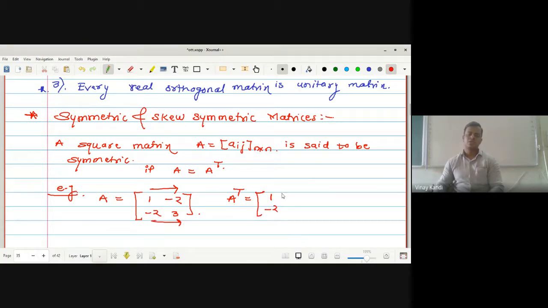Second row the second column: -2, 3. Both are equal, A and A transpose. This implies A is a symmetric matrix. Okay, any doubt in the definition of symmetric matrix?